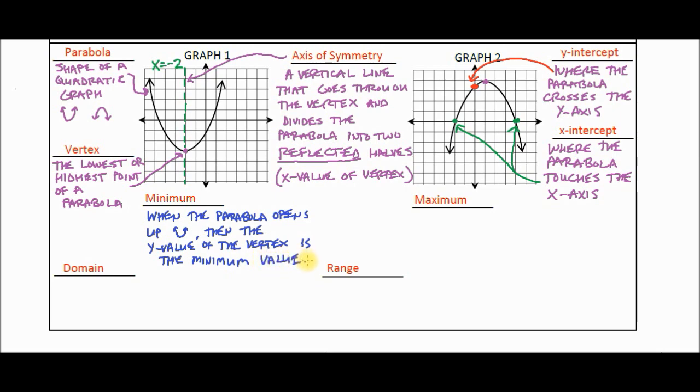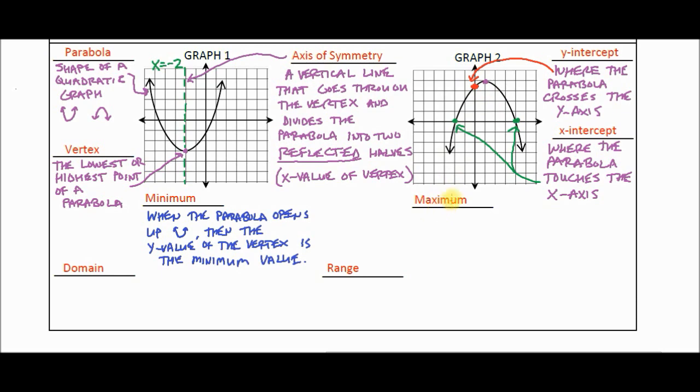And think about that, it makes sense. It's going to be the lowest point on the graph, so it's going to be the smallest y value. If you look at this graph, this vertex right here, that's as low as the parabola goes. Once it gets to the vertex, it starts going back up the other way. So the vertex is the lowest point of the parabola. We call that the minimum point, and the minimum is defined as the y value. Okay, then the y value of the vertex is the minimum value, and the opposite is going to apply over here.